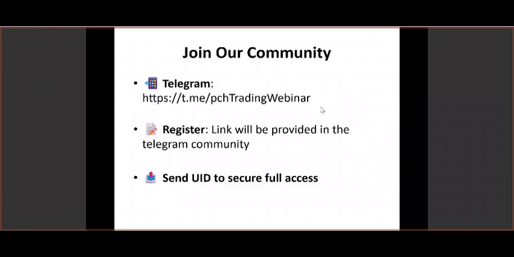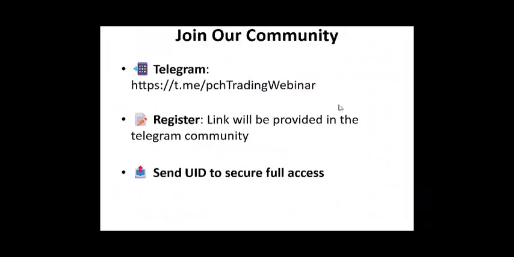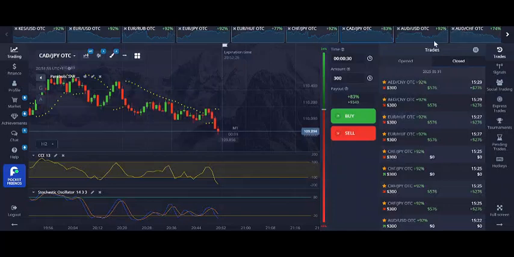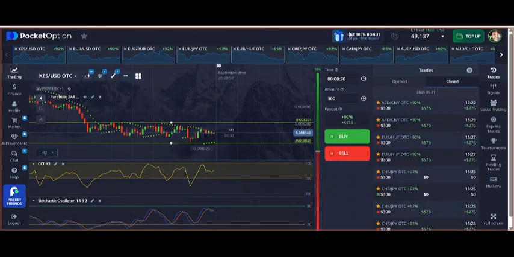So let's quickly go to my Pocket Option so that we can set it up. The market is very unstable, right? In that situation, you may have rejections.